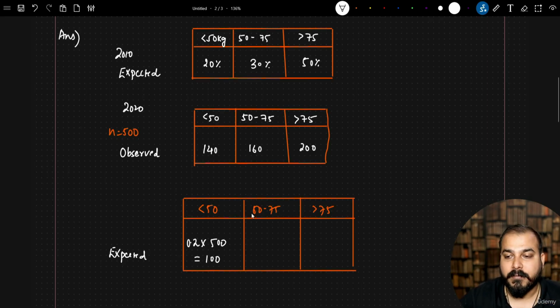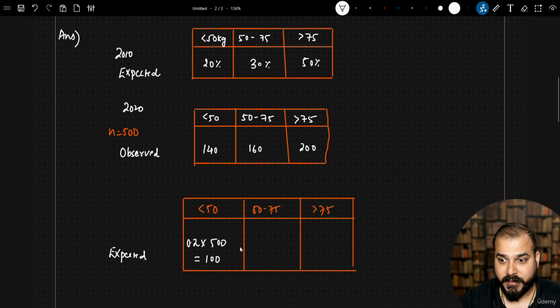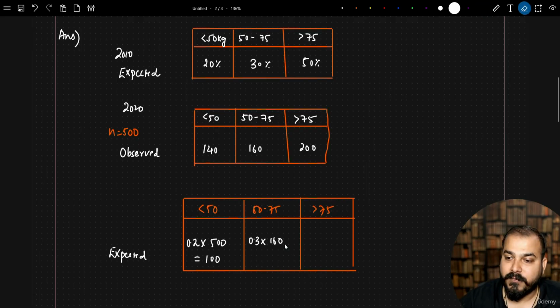Now coming to the next cell, 50 to 75. From the sample, 160 is there, but my expected was 30%. So I'll multiply 0.3 multiplied by 500, because my sample size is 500. So here I will be getting 150.